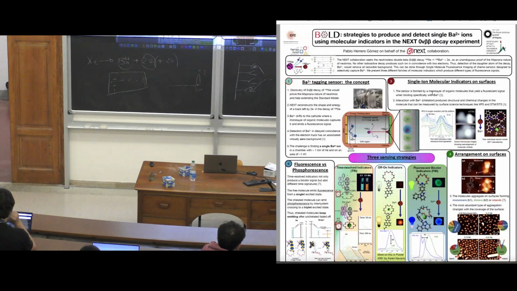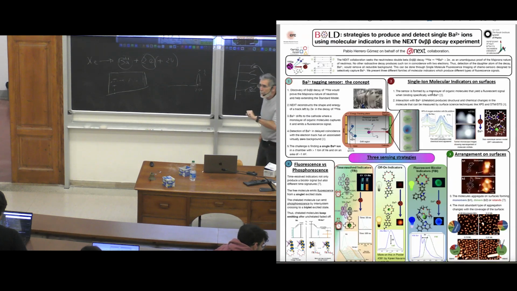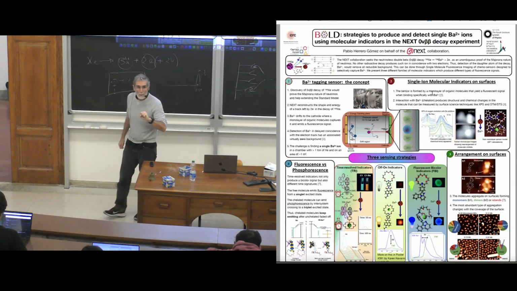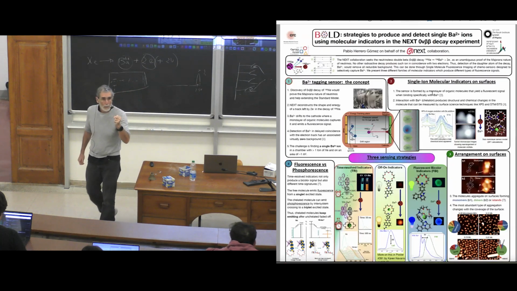These molecules contain an element here, which is something that allows me to attach this group to this metal. Okay? And then they have something which will capture the barium. And then they have to be designed in such a way that they can give you a signal when you capture the barium.